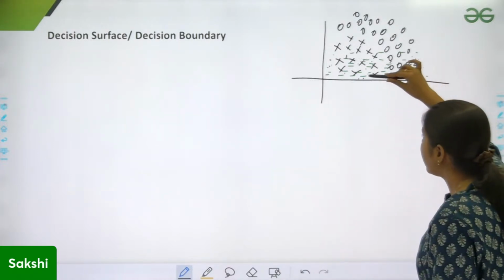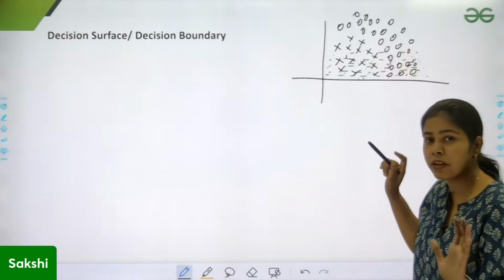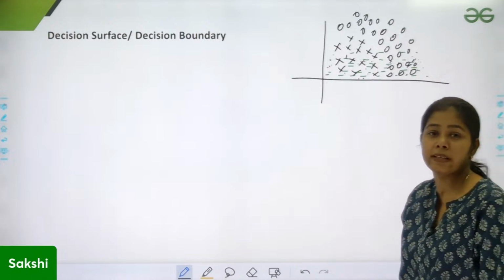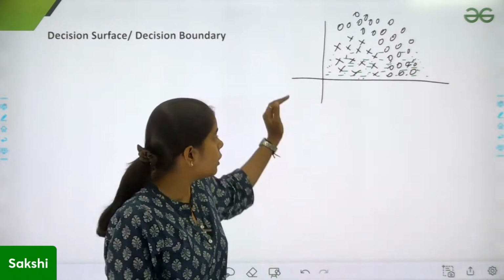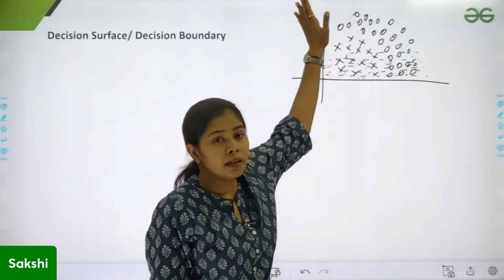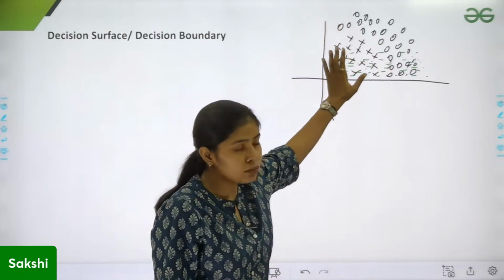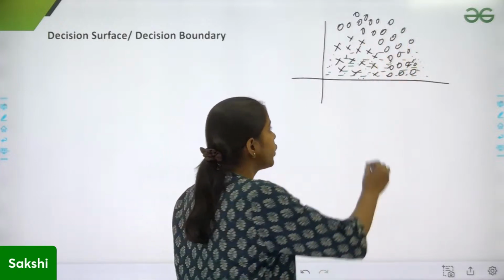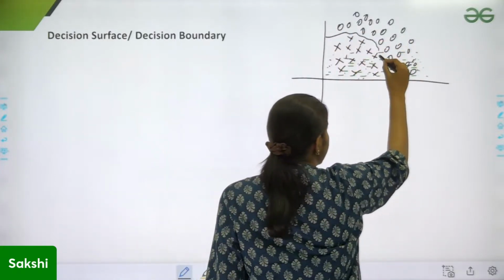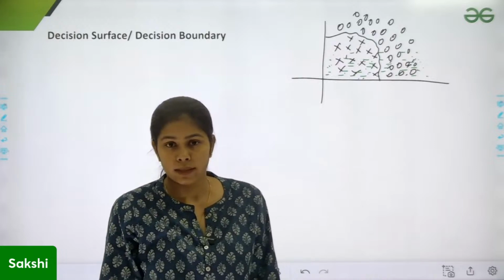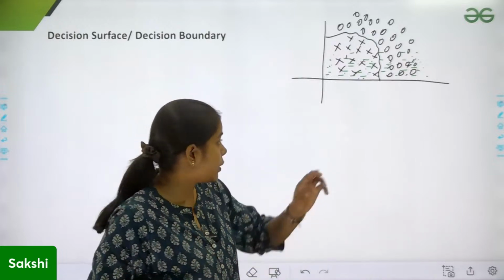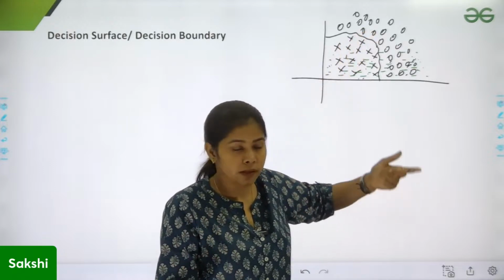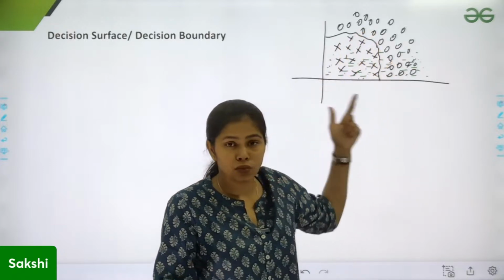So I'll give green color to all the students who are not getting placed, and red color to students who are getting placed. If I take all the possible points here, we'll get one boundary of red and green color, right? That would make a boundary, because any student who lies here may get placed, because of KNN, and here the student does not get placed.